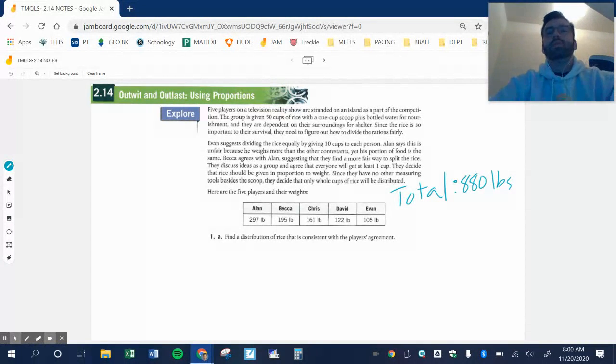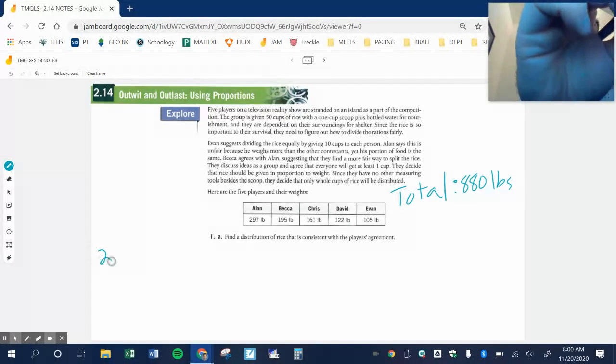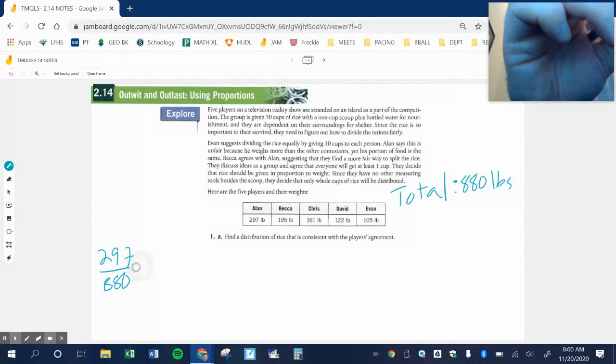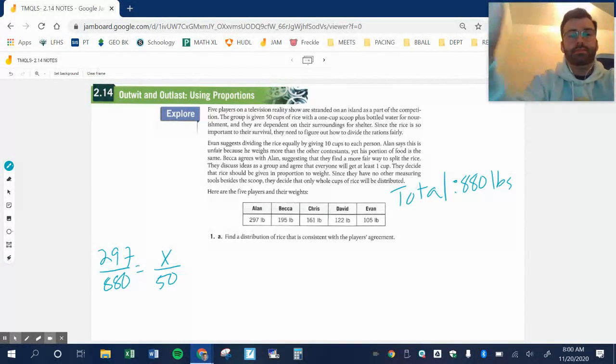The reason we're doing this is that each person's proportion of the total weight should be the same proportion they have of the total number of cups they get. If I'm looking at Alan, Alan is 297 of the 880 pounds. How many of the 50 cups does he get?